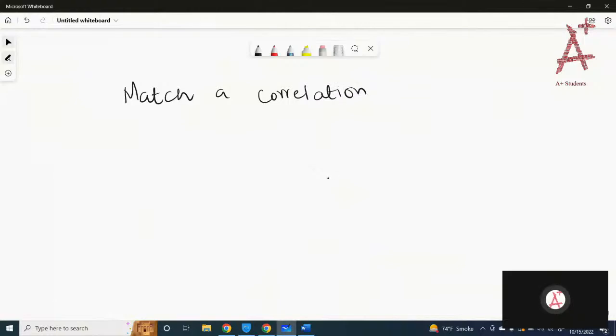Match a correlation coefficient to scatter plots.